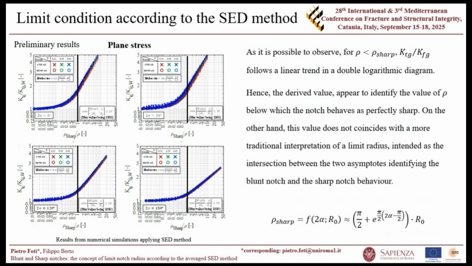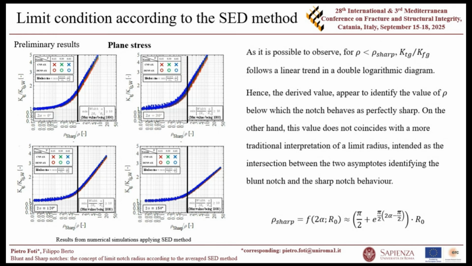Because dealing with this sort of diagram, the conventional limit condition could be found by the intersection of the two asymptotes that you can see here, where this asymptote is relative to the blunt notches, and this other asymptote is relative to the sharp notches.